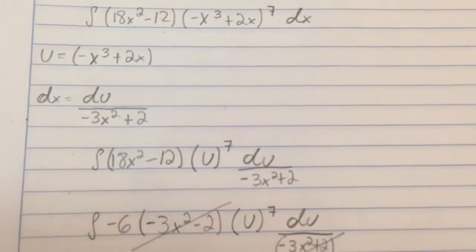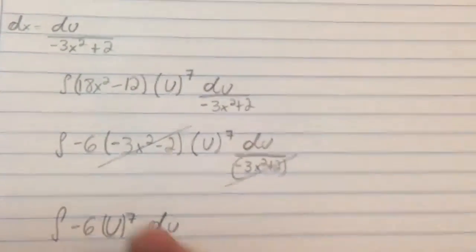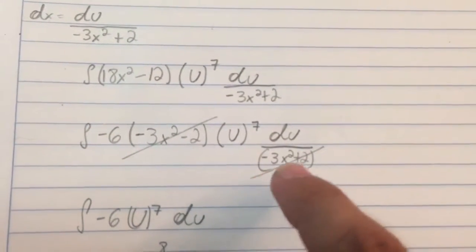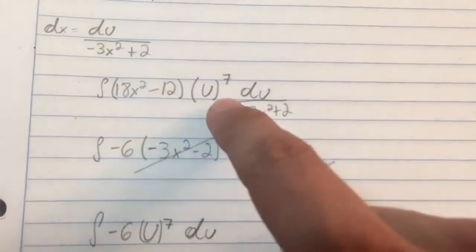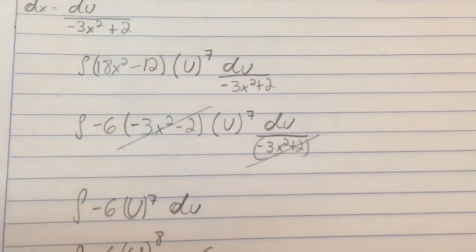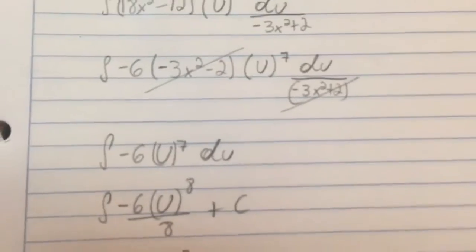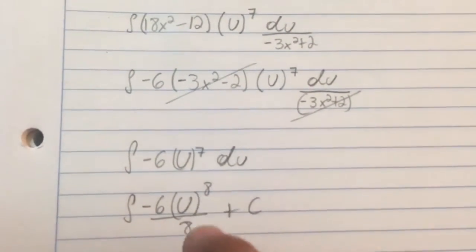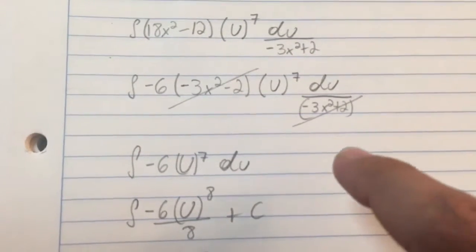So the next step would be to factor out a negative 6 in order to cancel out these two binomials, right? So we end up with a negative 6 times u to the 7 times du.